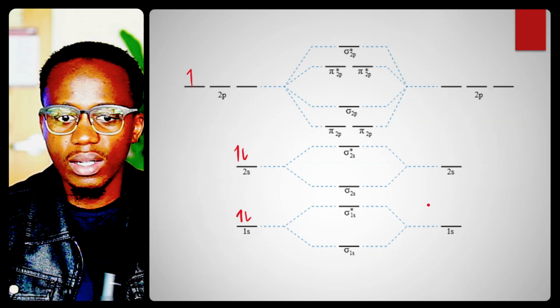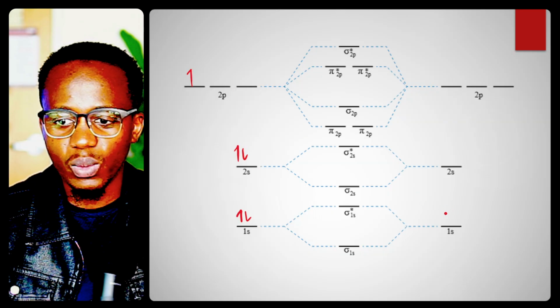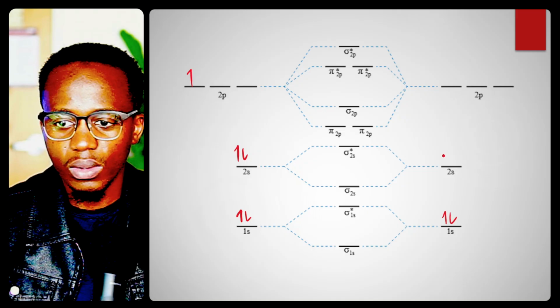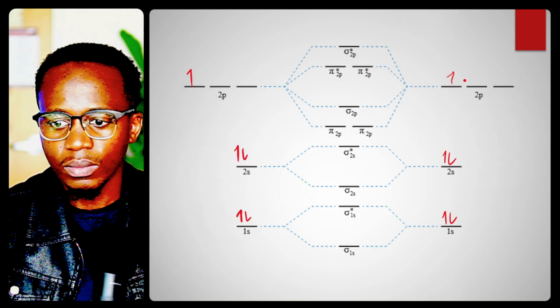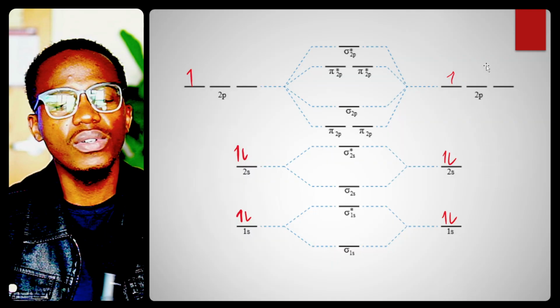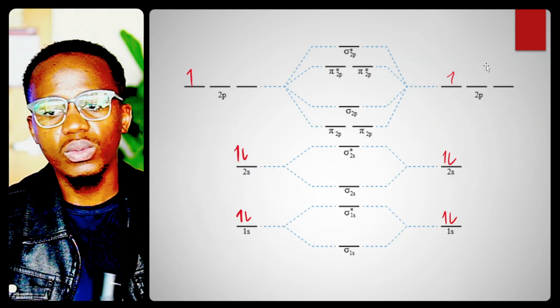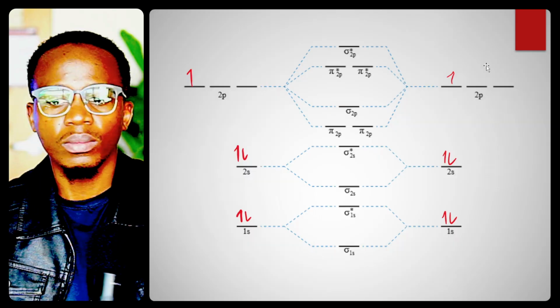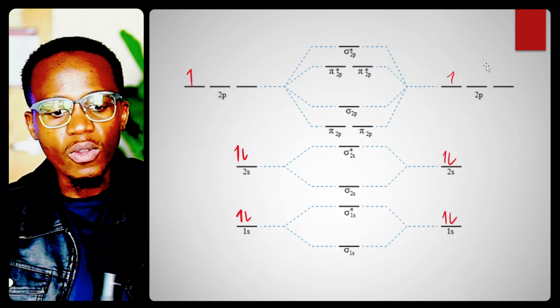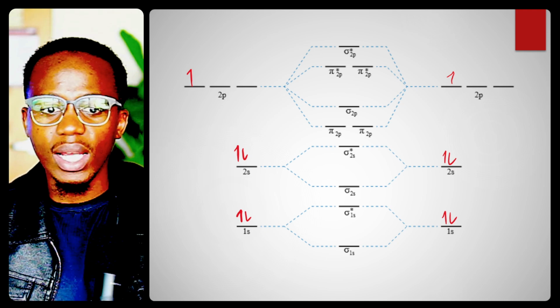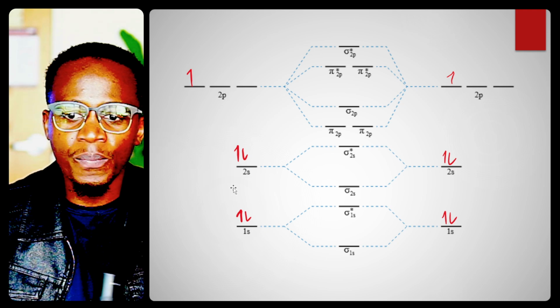And then I can fill them out here as well: 1, 2, 3, 4, 5, right? And the nitrogen fills up with 1, 2, 3, 4, 5, right? So then you can think about it this way, right?